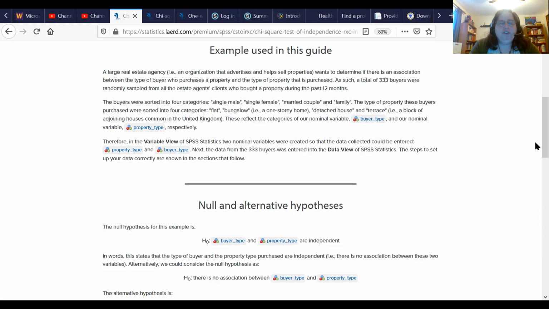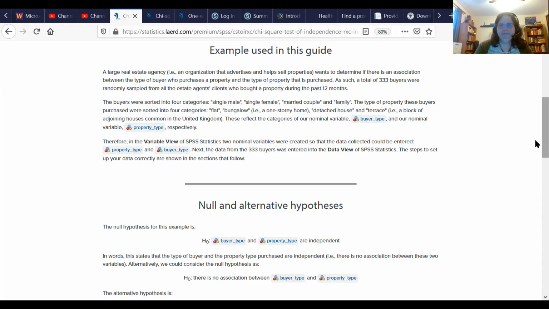The buyers are sorted into 4 categories: single male, single female, married couple, and family. The type of property these buyers purchased were sorted into 4 categories: flat, bungalow, which is a 1-story home, a detached house, and a terrace, which is a block of adjoining houses common in the United Kingdom. These reflect the categories of our nominal variable buyer type and our nominal variable property type, respectively.